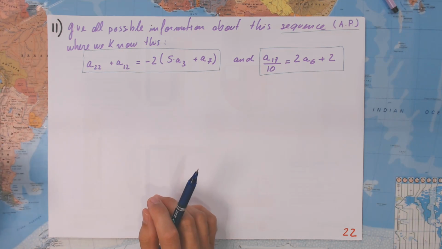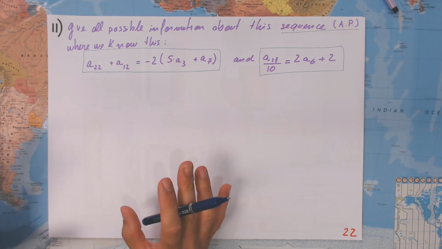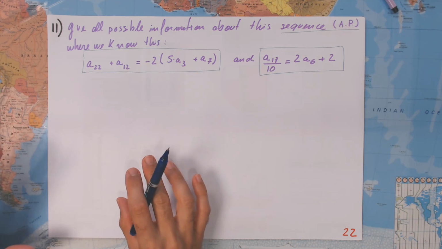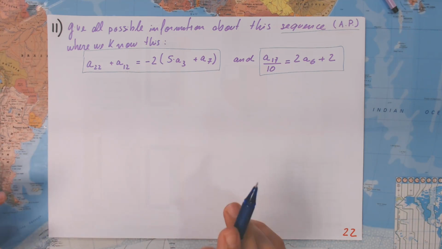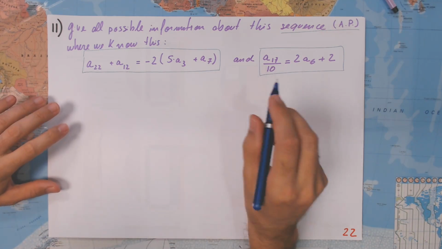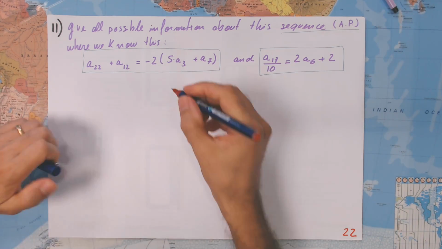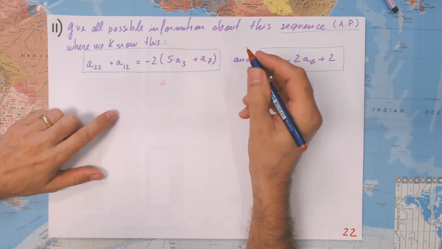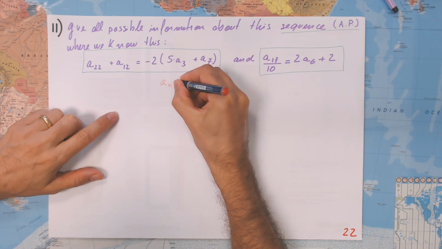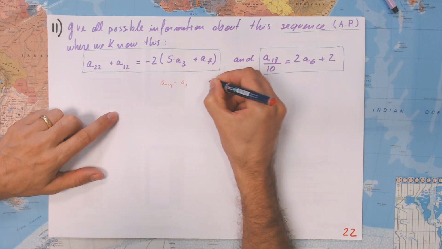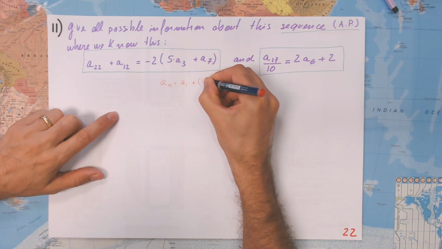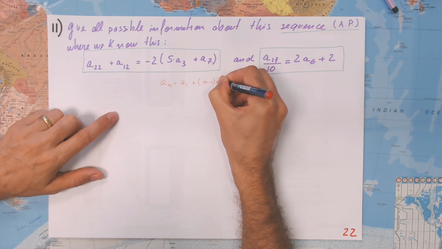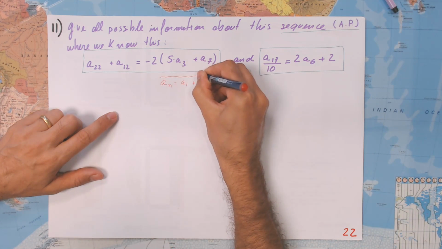We just use the general term equation: a sub n equals a1 plus n minus 1 times the common difference.